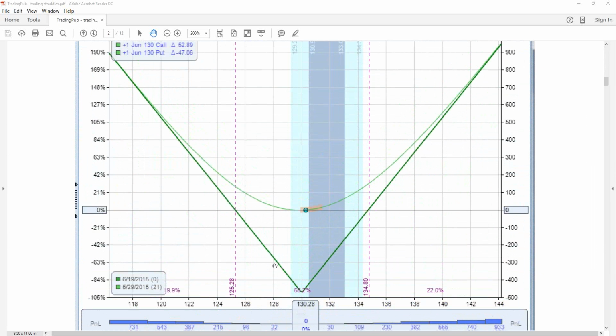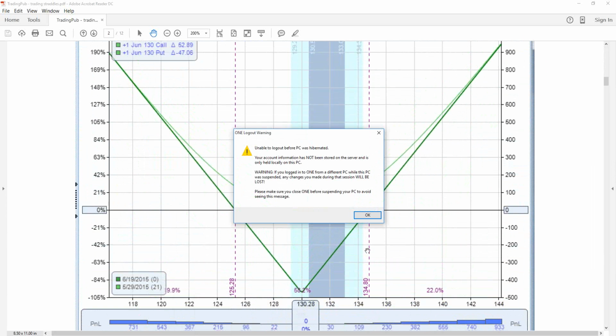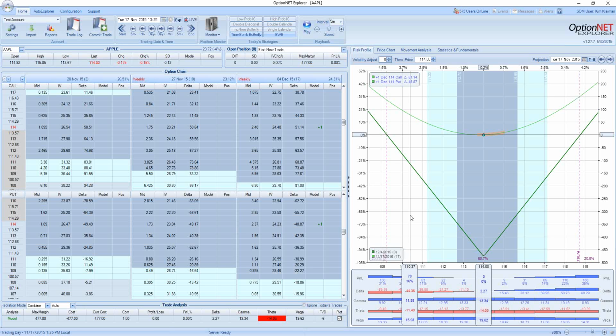Okay, so we can see a more recent example. We can see how an Apple straddle would look yesterday, November 17, when the stock price was at 114, and I specifically selected the time when the stock price was exactly at the strike.